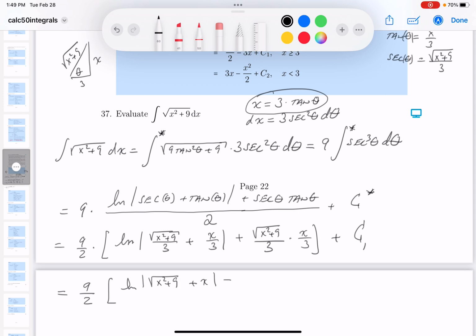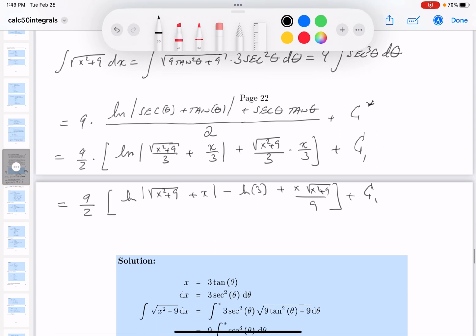I'm just doing the rules of logs over here. It's going to be the log of 3. So ln 3. There's no need for absolute value there. This is going to be plus, and you're going to get the x times the square root of x squared plus 9 over 9 plus C1.